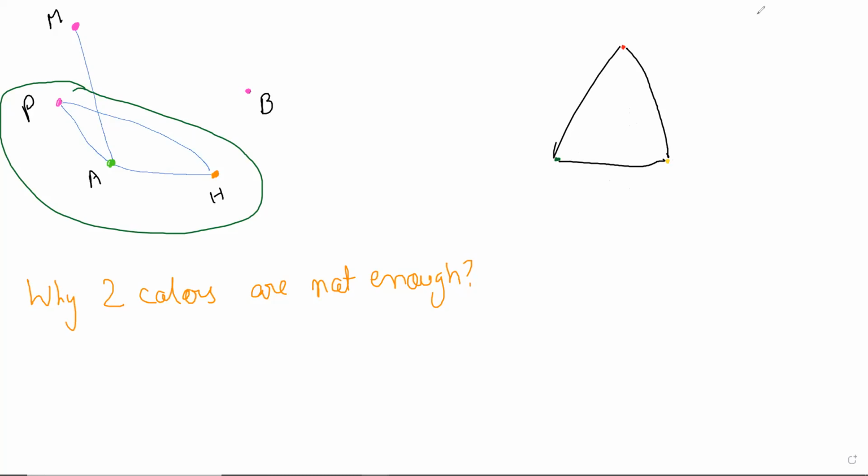So finding obstructions is very important to be able to say things like two will not be enough or three will not be enough. Usually there are simple obstructions that one needs to find, because there is a triangle.